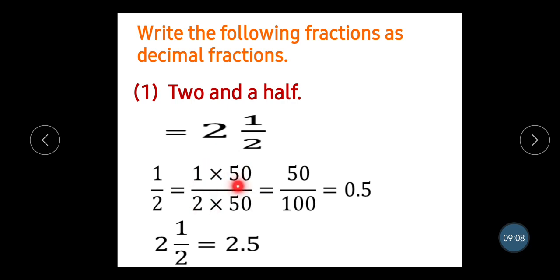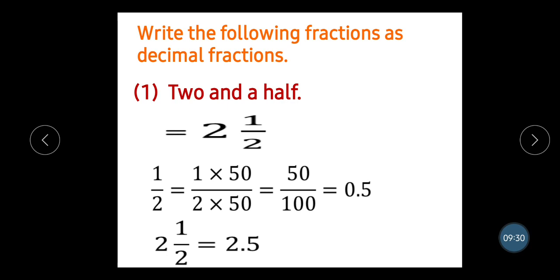So you will get 5/10, that you can write as 0.5. Or children, you can take 1/2 is equal to 1/2 into 50/50. You will get 50/100. That is, further you can write as 0.50.